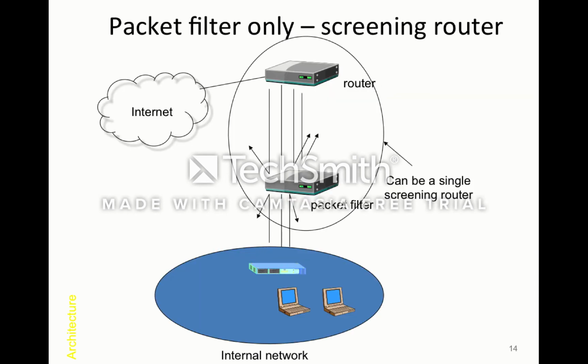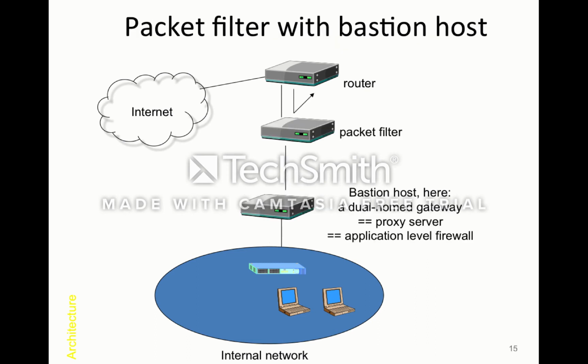We can have a packet filter only, with screening routers. This can be just one router, because these days routers come with the inbuilt feature for screening packets. And this is what I'm talking about, an application level firewall. And here we have a bastion host, a packet filter, and then a router. So this is a mix and match.